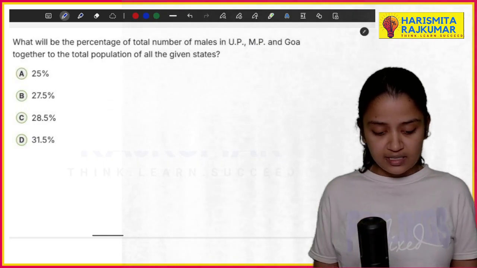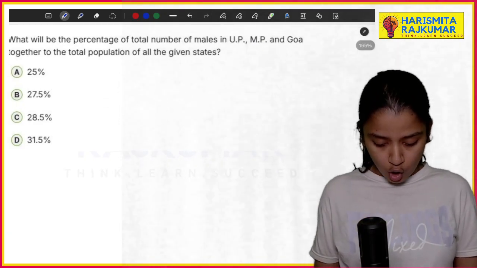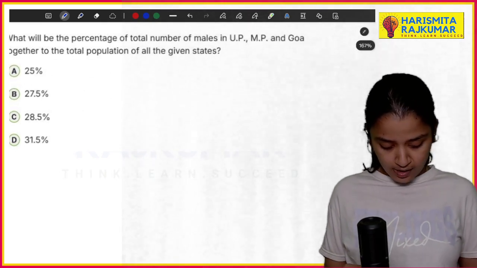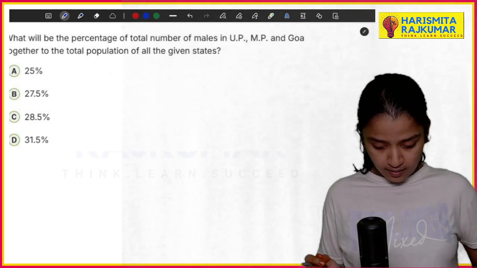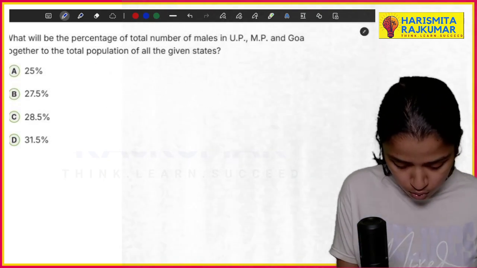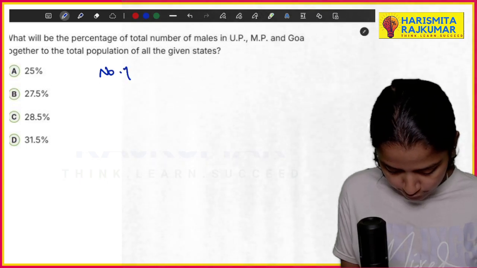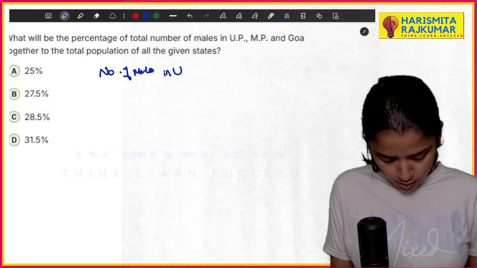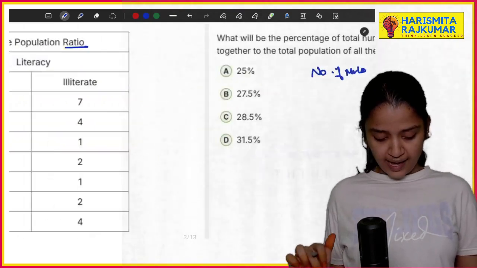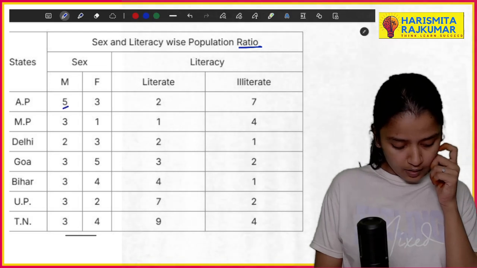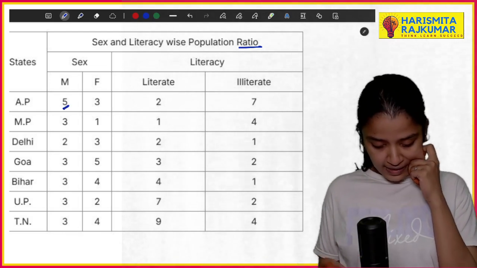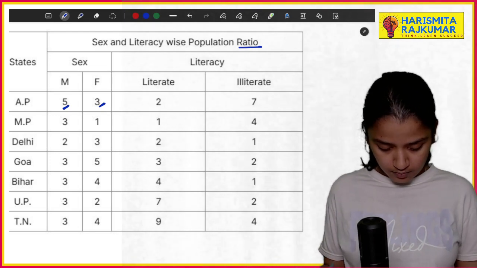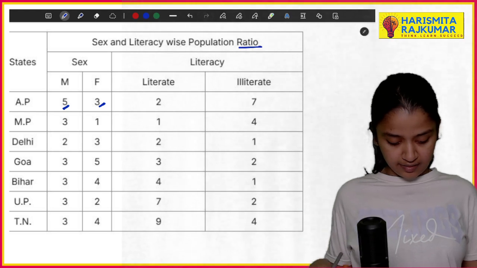What is the percentage of total number of males in UP, Madhya Pradesh and Goa? So, number of males in UP. Sorry, UP has 3 male and 2 female, and this is the sex ratio.